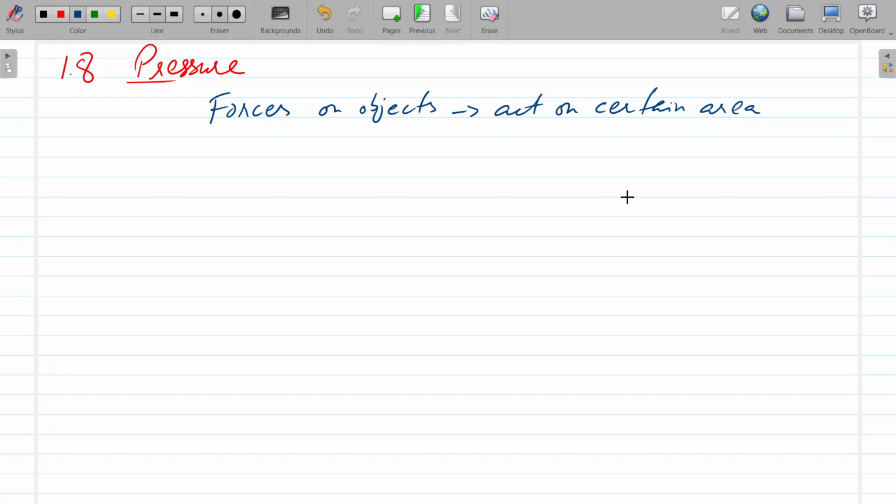right? For example, your body weight when you are standing, where is it acting? Downwards, yes, but what part of the body is it acting on?